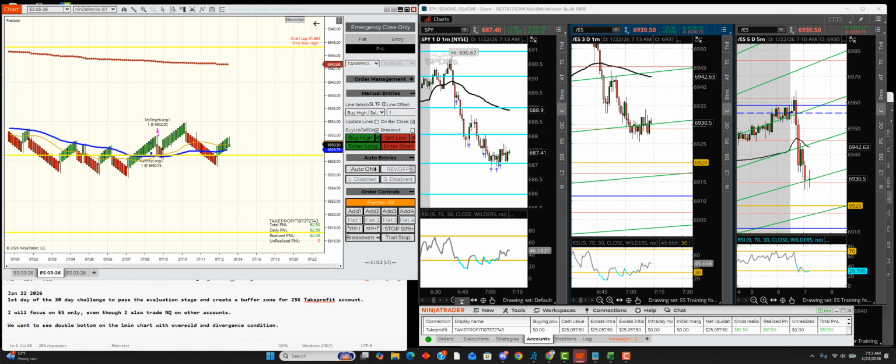Okay, we did one trade, it's a small profit. We got 1.25 points, and well, actually 118. So whoa.